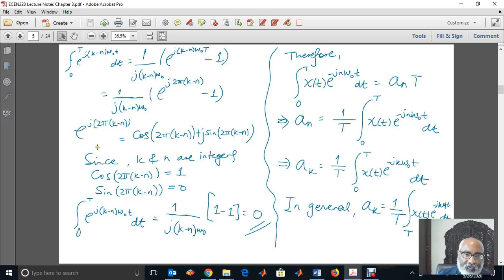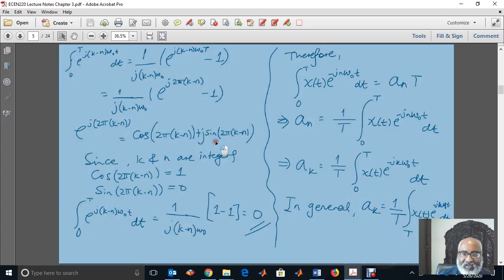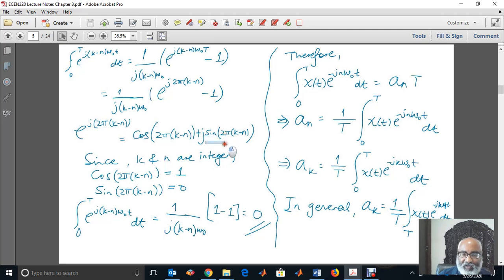So e raised to j 2 pi (k minus n), using Euler's identity, when I expand it, means cosine of 2 pi (k minus n) plus j sine of 2 pi (k minus n). Remember k and n are integers, so the argument is a multiple of 2 pi. The sine part becomes 0 and the cosine part becomes 1.